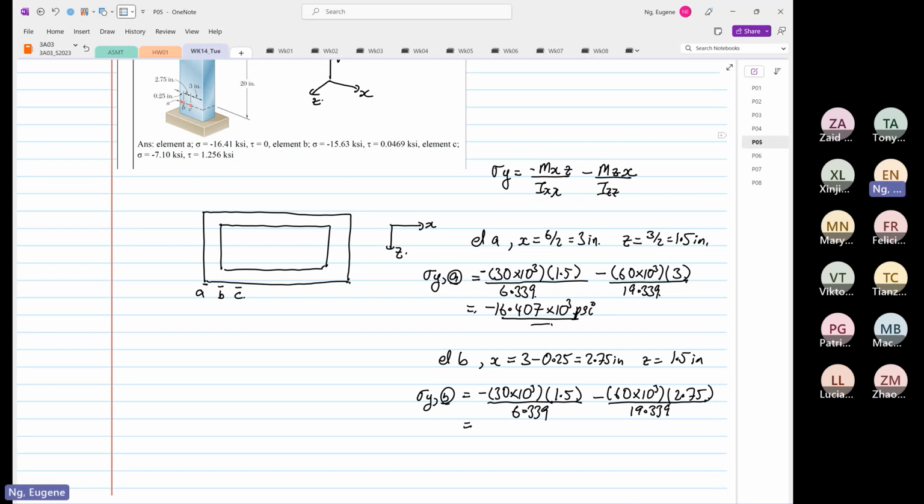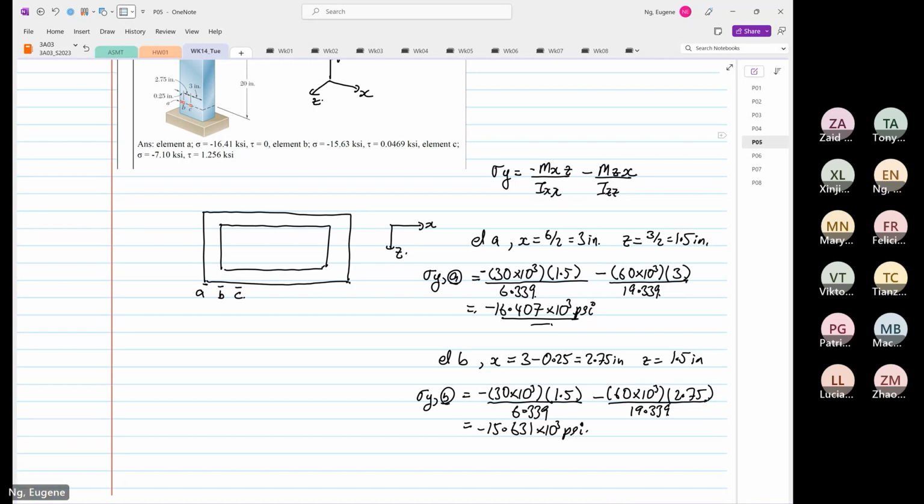So this will be equal to 30 power 3 times 1.5 divided by 6.339 plus 60 power 3 times 2.75 divided by 19.339. I get minus 15.631 times 10 to the power 3 psi.